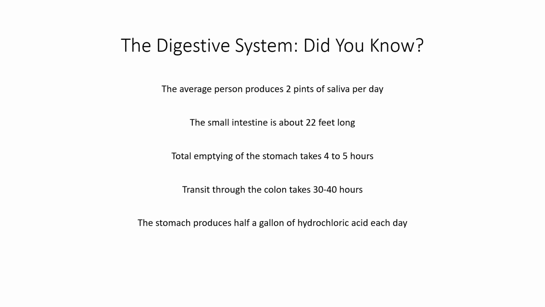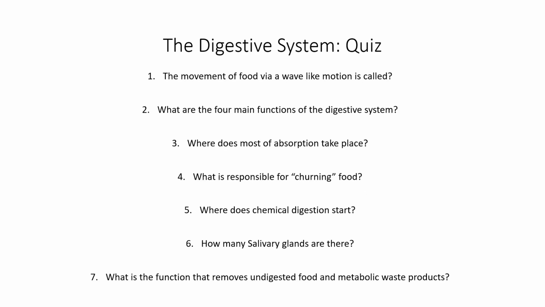And this is how long it takes to absorb all those nutrients from the food and fully break it down before it is removed from the body. The stomach itself will produce 1/2 gallon of hydrochloric acid each day. So this hydrochloric acid helps to break down food via chemical digestion, and you'll produce 1/2 gallon of this each day.